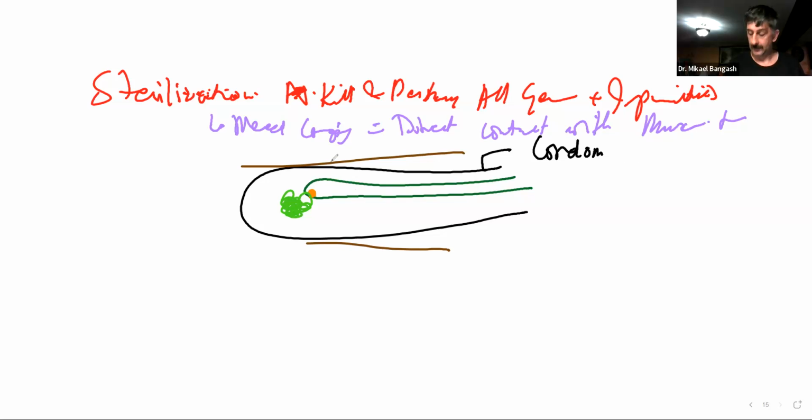Did that make sense, girls? So even though it is inserted into the body, it doesn't come in direct contact with the mucous membranes. Did you girls get that?